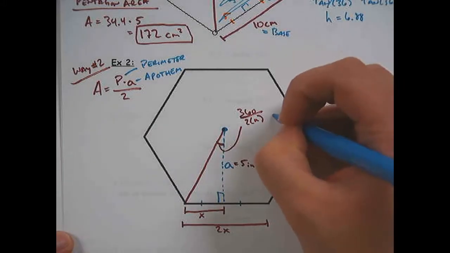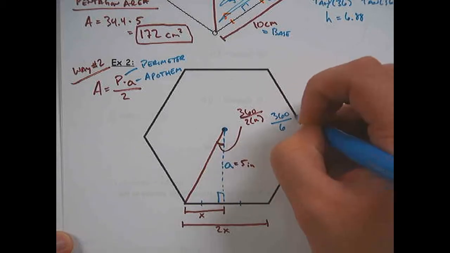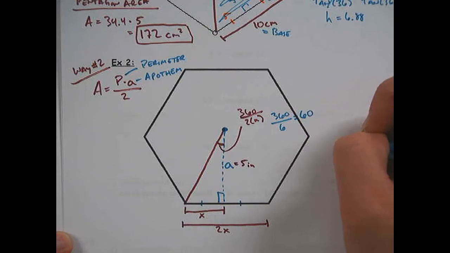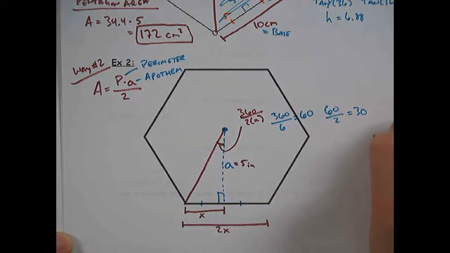Or you can do the same process as we did before. You can go, okay, 360 divided by 6 in this case because we have 6 sides. That gives us 60. 60 divided by 2 gives us 30. So I know this angle is going to be 30 degrees.